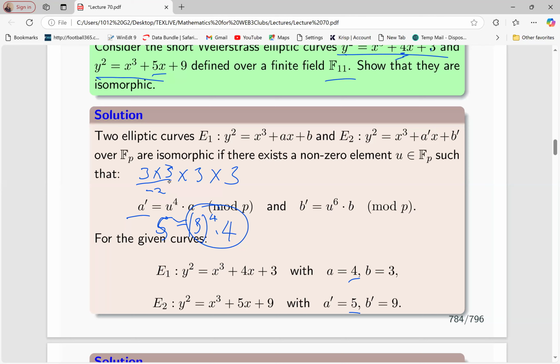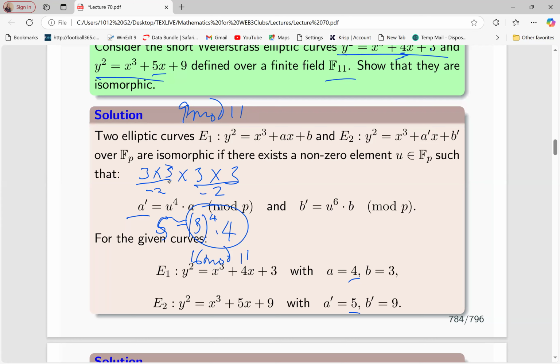We're just asking if 11 were to go into 9, what will be the remainder? The remainder can still be -2. And again, this is another -2. So -2 times -2 gives us 4. So 3 raised to 4, therefore, is 4. 4 times 4 will be 16, and we are doing this mod 11, which gives us 5. So it's easier to work with the smaller numbers. That's why I opted to use -2.